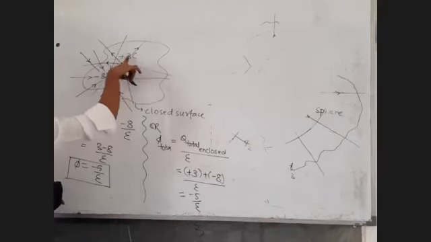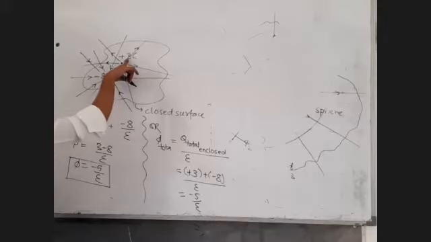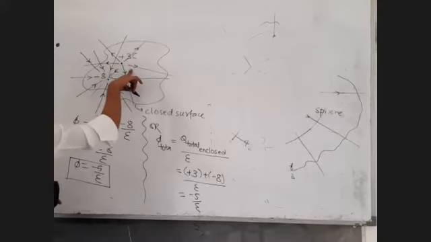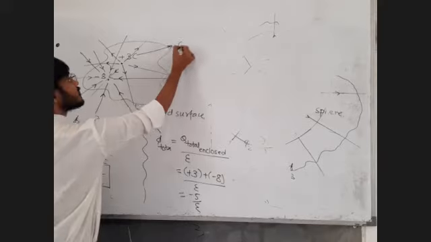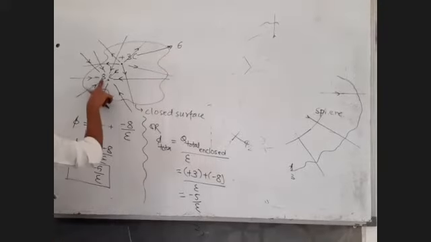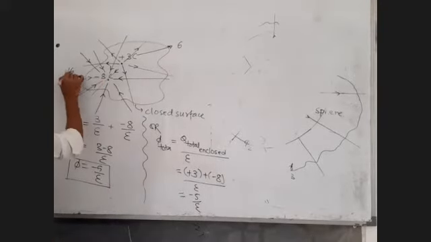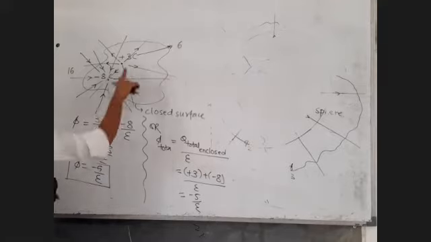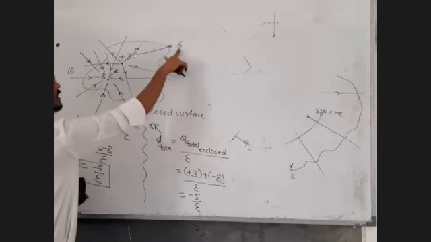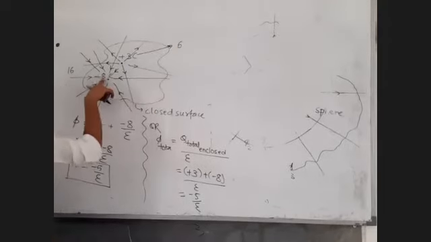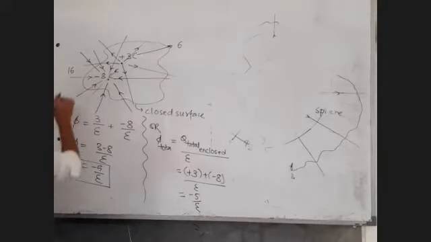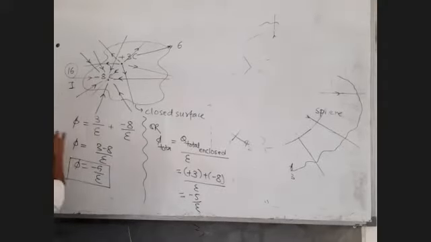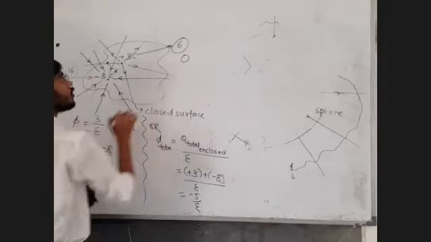Number of lines is proportional to magnitude of charge. So because of 3, let's say 6 lines are coming out, but because of 8, 16 lines will be coming in. Double lines are going out for 3, double lines are coming in for 8.